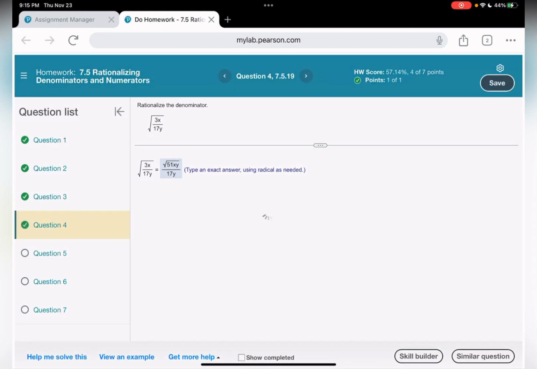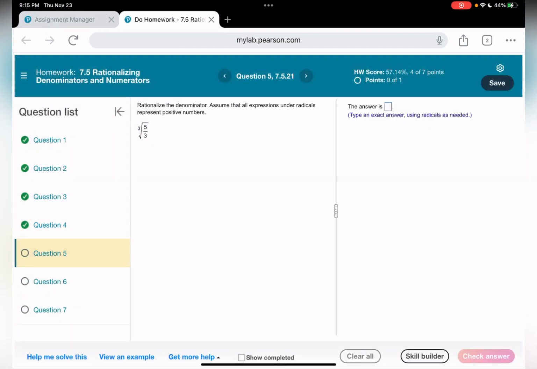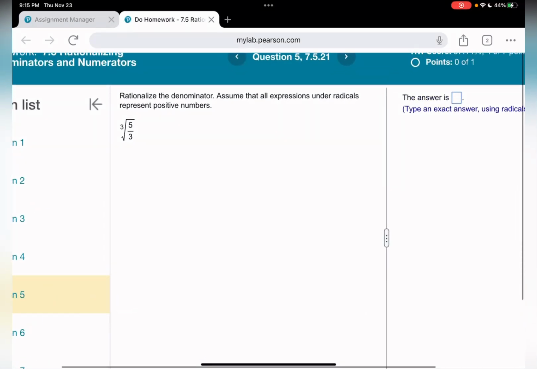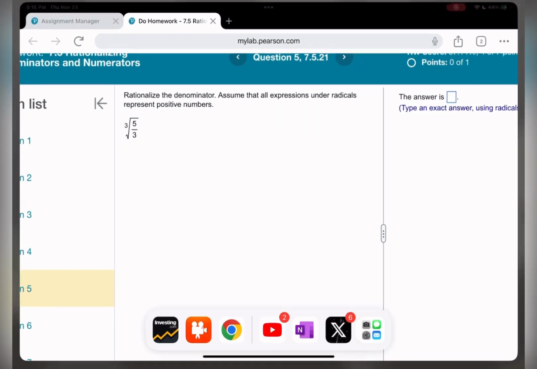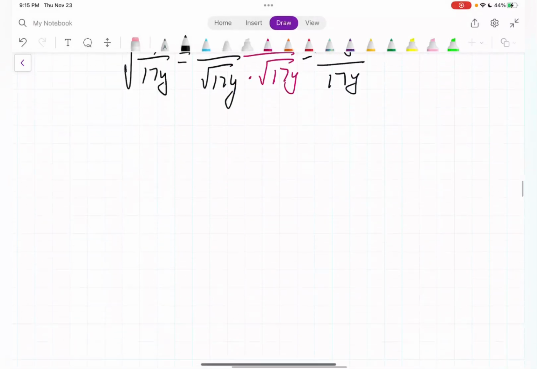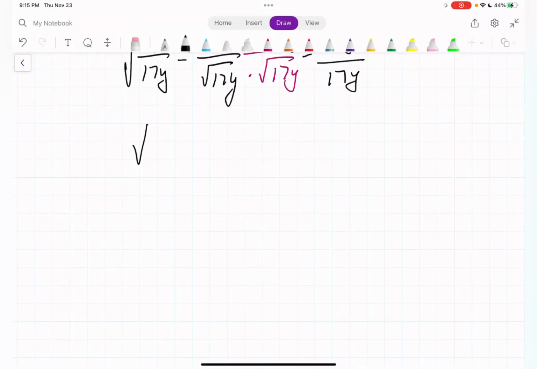Next one, what do we have? Rationalize. Cubic radical 5 over 3. So it's going to be cubic radical of 5 divided by cubic radical of 3, right?